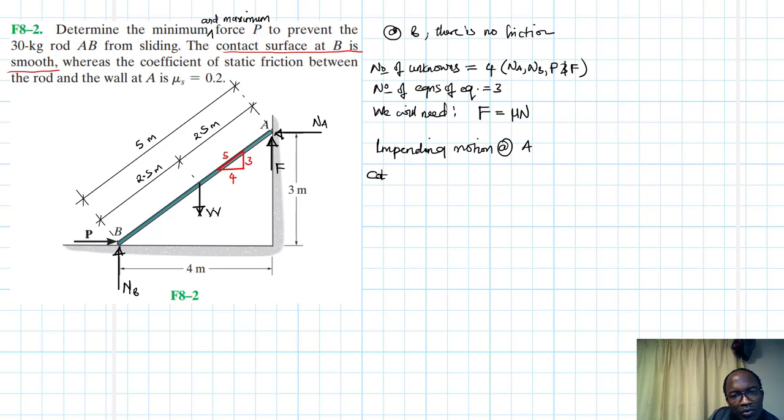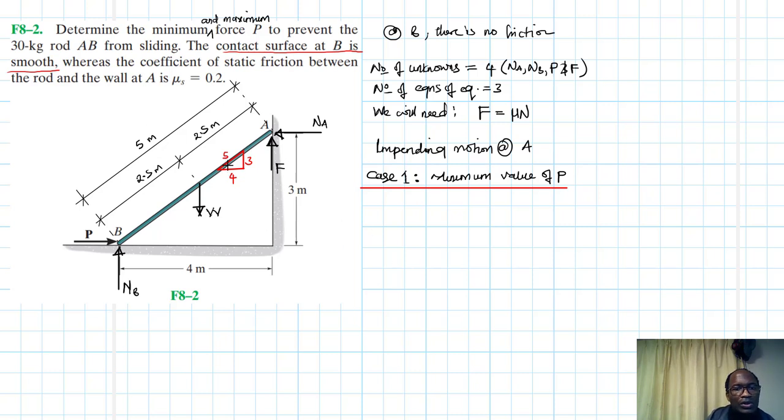So let's say case 1, we want to find the minimum value of P. All right, so this is the first case.